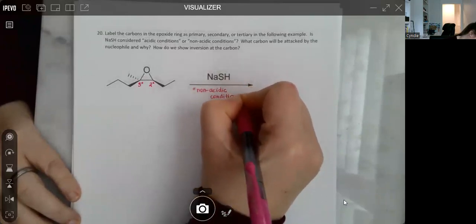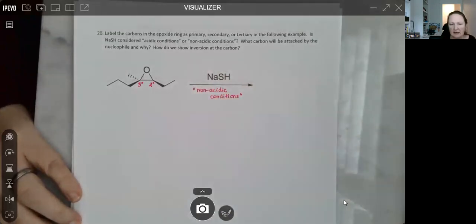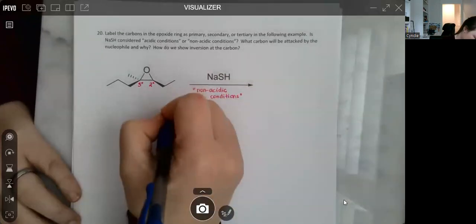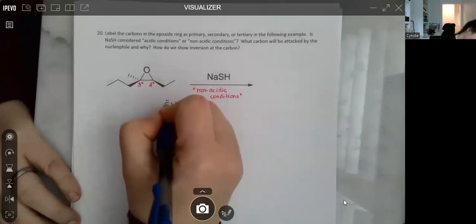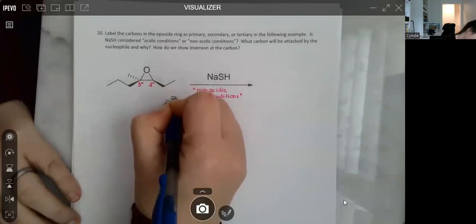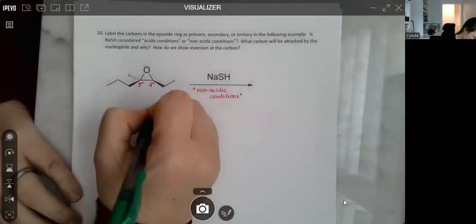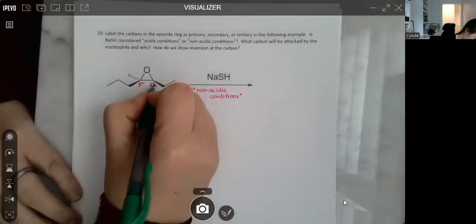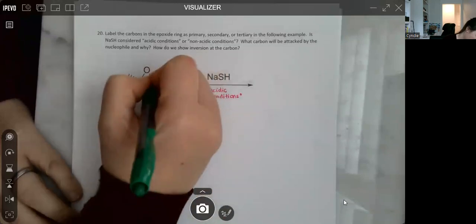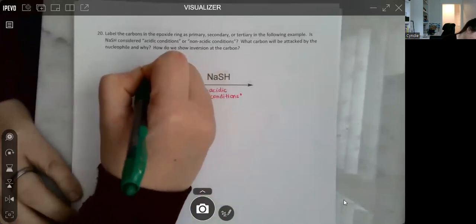So with non-acidic conditions, the nucleophile, which is the thiol, or I should really call it a thiolate, will be attacking the less substituted carbon preferentially, right? So we want to show it attacking here, and then the loss of the leaving group arrow as well.